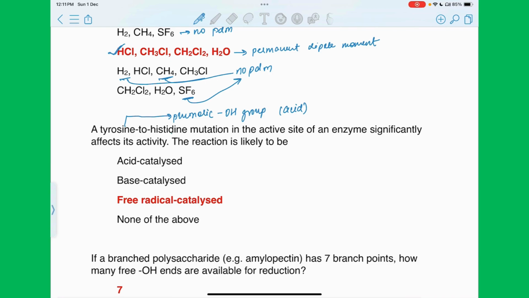Histidine has an imidazole side chain, which can act as both a proton donor or acceptor, giving it a role in acid-base catalysis. Given that histidine is often involved in base catalysis due to its ability to more likely act as a proton acceptor, this will be a free radical catalyst reaction.